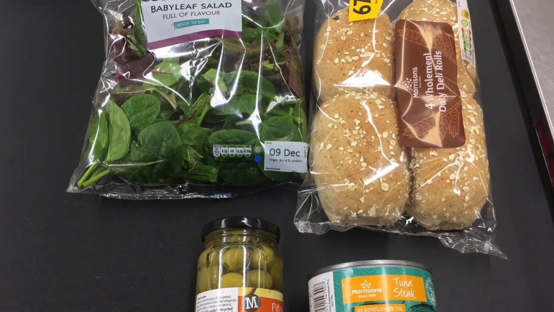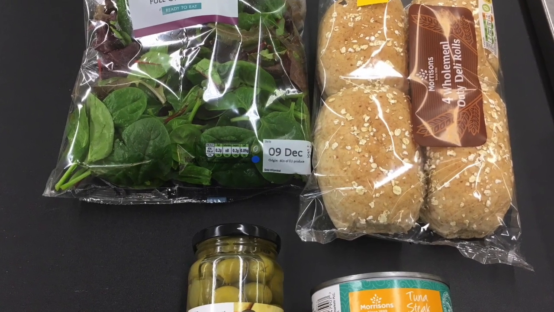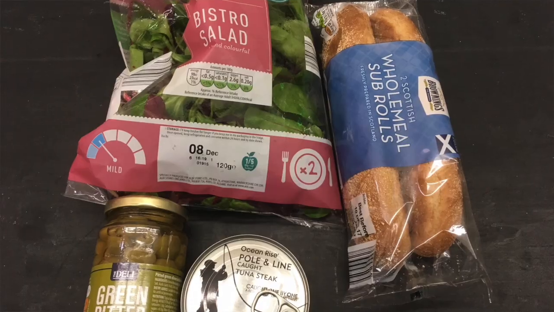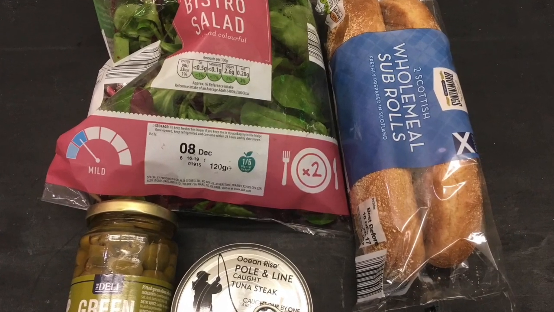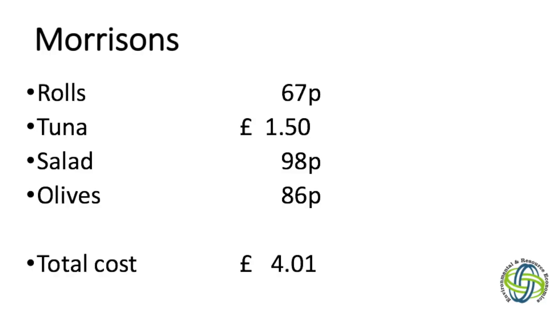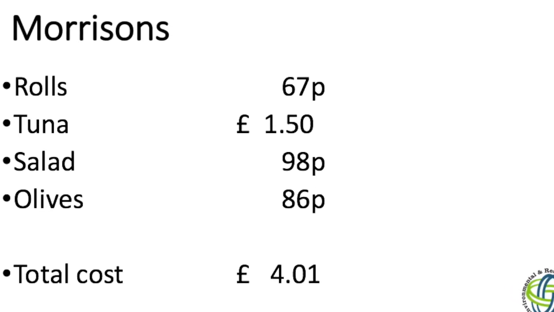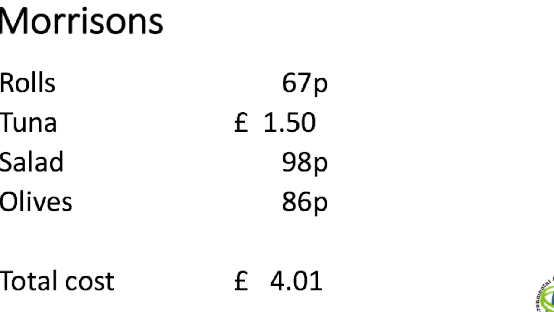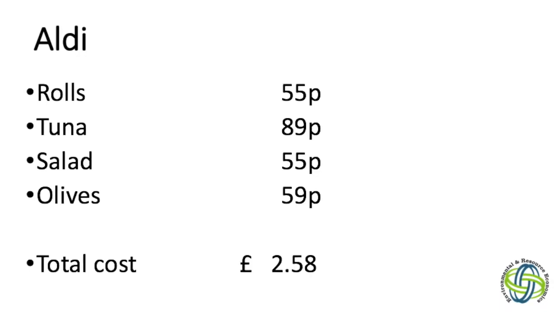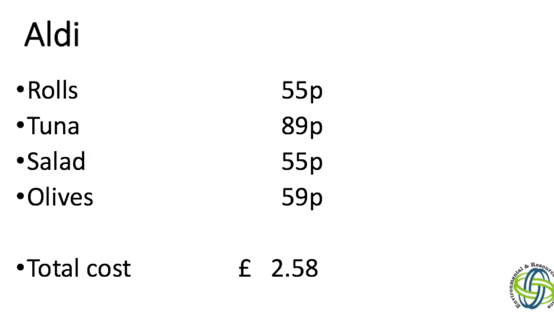In both supermarkets, I bought myself some rolls, a can of tuna. I picked off-brand, unbranded tuna, but in both cases it was line and pole caught. I bought some rocket salad and I bought a jar of olives as well. And the overall price for those in Morrisons came to £4 and a penny, and in Aldi's they came to £2.58.